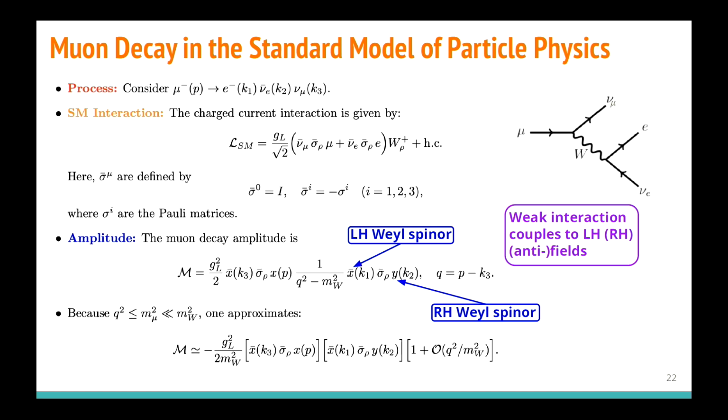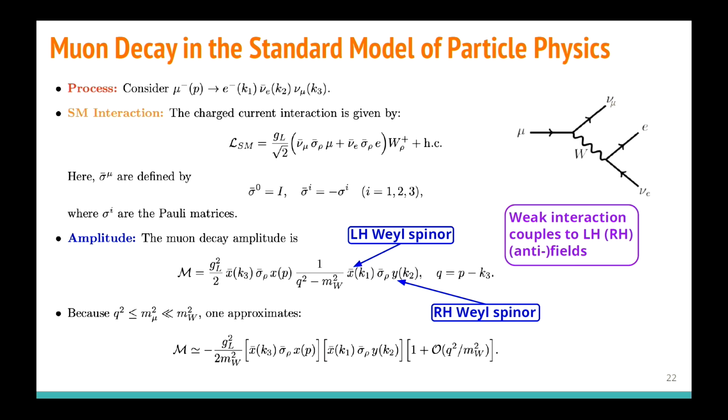So now what we can do is, in order to give it the shape of an effective theory, we first need to write down the amplitude. We are not comparing it at the level of the Lagrangian, however we are comparing it at the level of the amplitude. So we write down the amplitude M is g_L squared by 2, x bar sigma bar x, then there is the propagator coming from the W boson, then the x bar sigma rho bar y. So here please note that we have 3 left-handed Weyl spinors and 1 right-handed Weyl spinor.